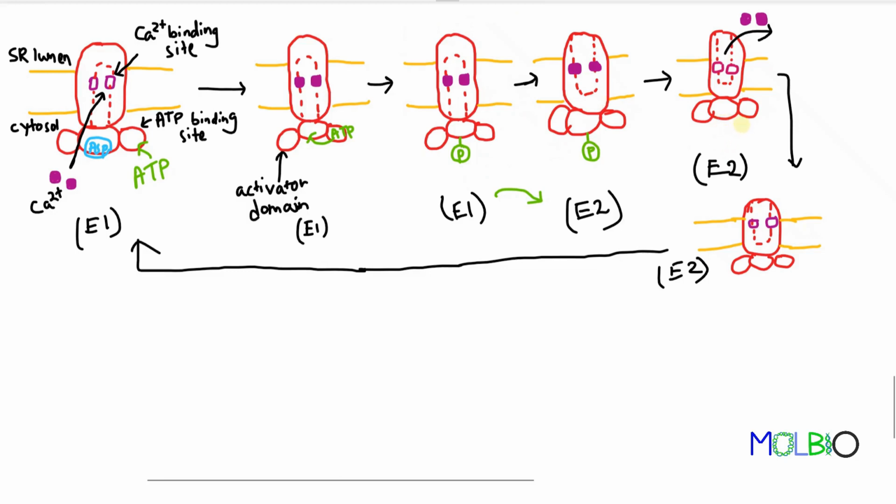And in this situation, we have the pump in E2 state with calcium gone, but the phosphate group still bound to the aspartic acid group. That triggers the dephosphorylation, and inorganic phosphate is released to the cytoplasmic side, and this switches E2 back to E1, where it is again facing towards the cytoplasmic side.